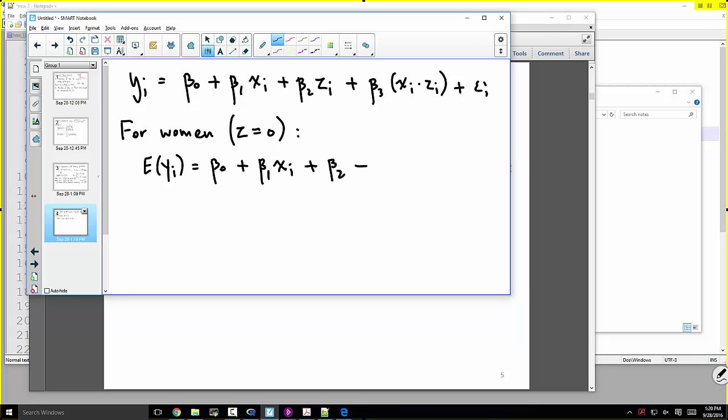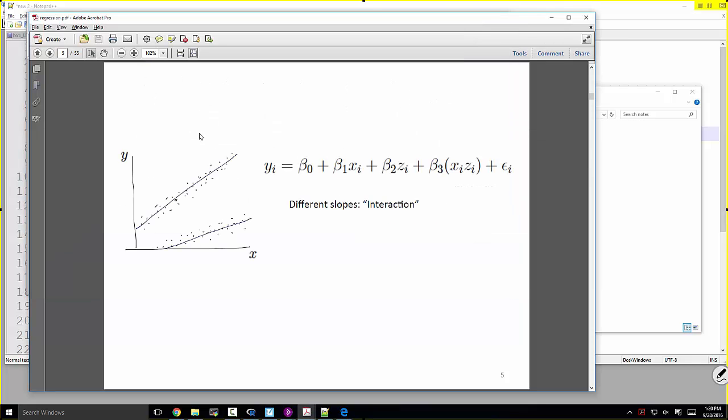No, not beta 2, because z is equal to 0. So the mean relationship for women is the model when you plug in z equals 0. All that's left is beta 0 plus beta 1 xi. In this picture, we would have a line that has its own intercept and potentially its own slope for the females down here. Beta 0 plus beta 1x.